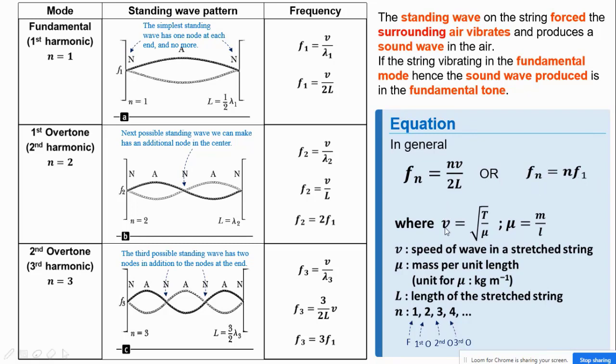And this is the formula of the speed of the wave in the stretched string, v equal to square root of T over mu, whereby mu is the mass per unit length in the unit of kg per meter. And the value of n starts from 1, 2, 3, 4, etc.